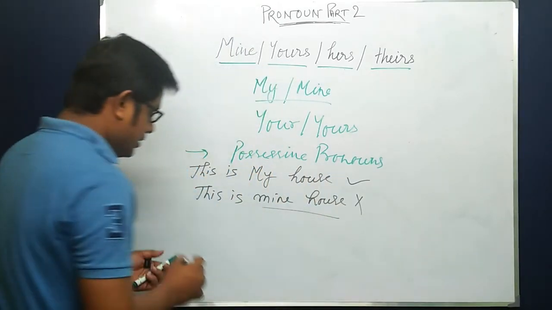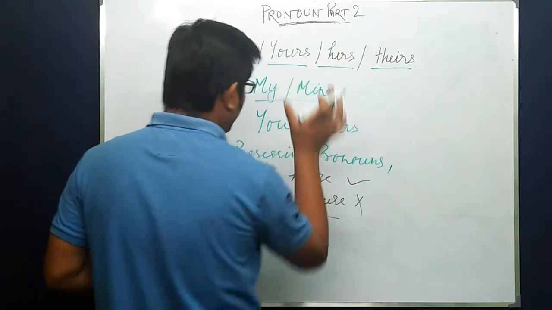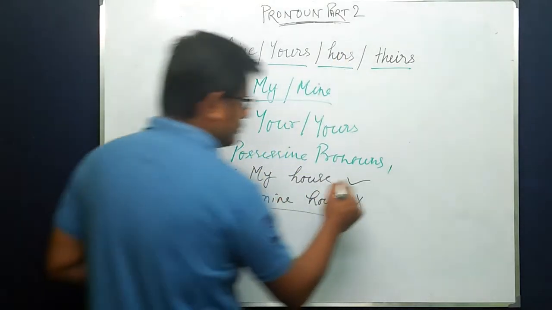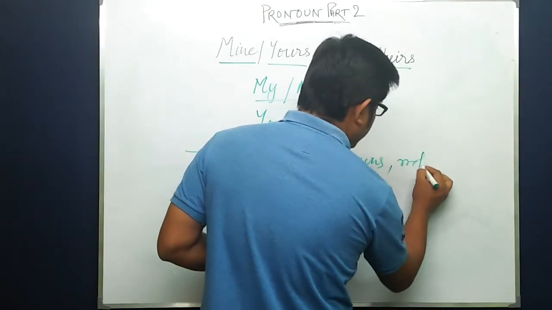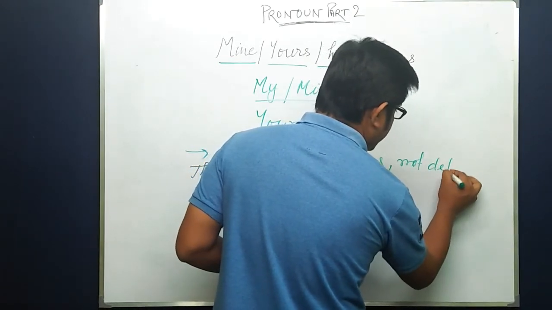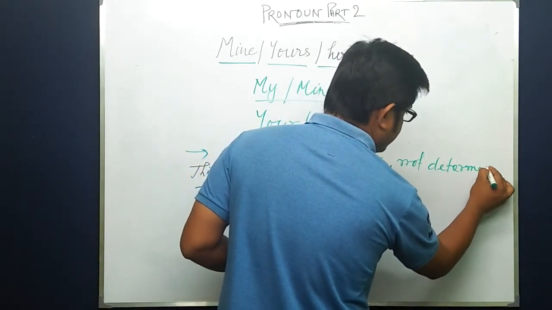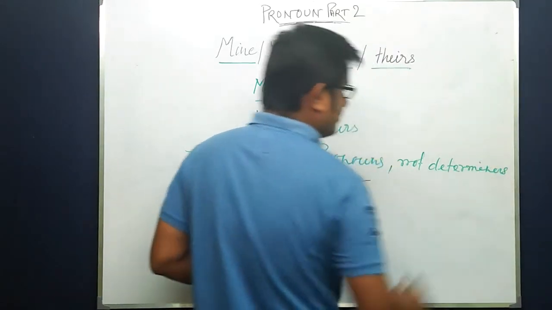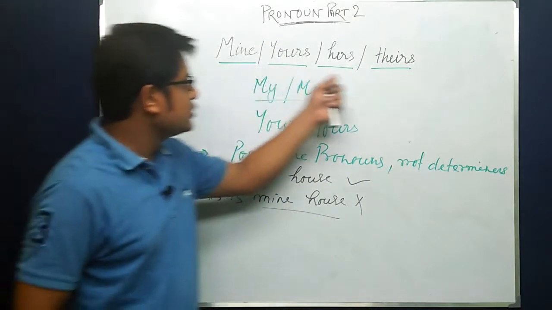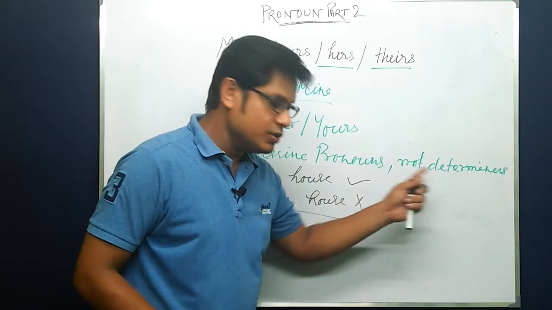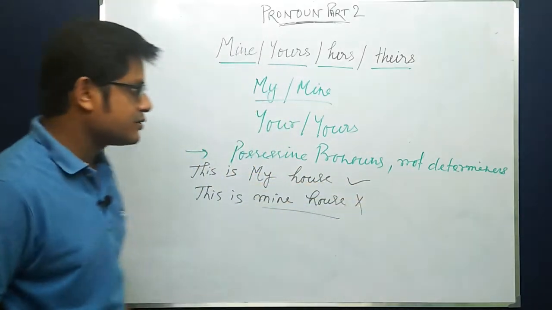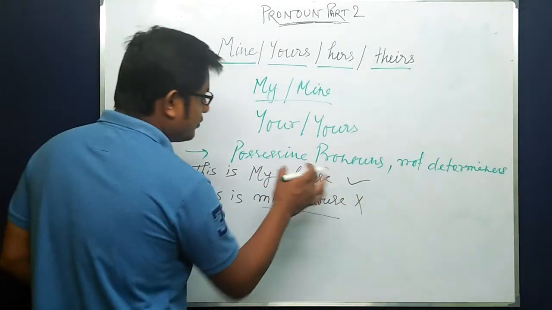Why is it wrong? Because I said these pronouns are possessive pronouns, but they are not determiners. Just remember, these words are not determiners. So as they are not determiners, they are not used with any noun after them.